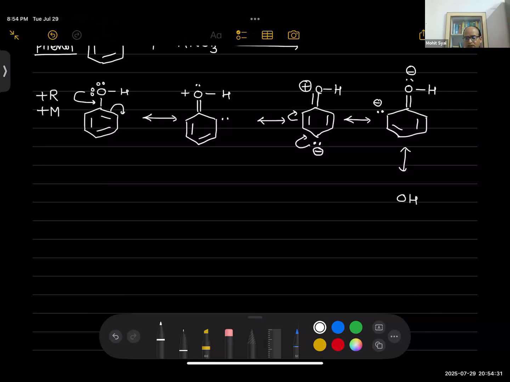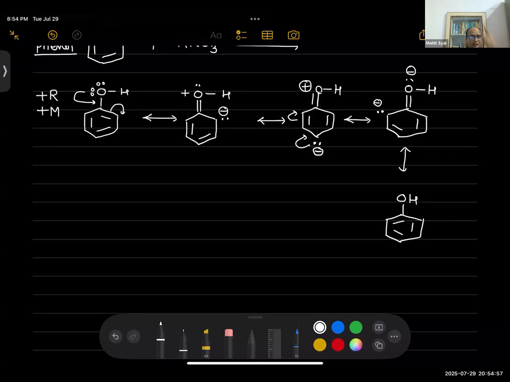So this is the resonance, and by means of resonance, the OH group is giving its unpaired electrons to the benzene ring, and those electrons appear on the ortho position. This is ortho.